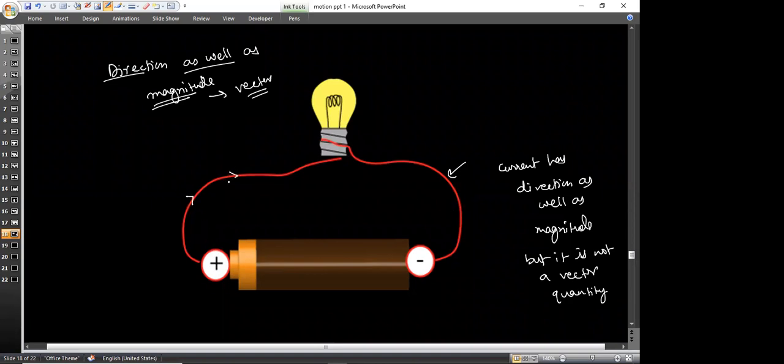If 1 ampere, 2 ampere or 3 ampere current is flowing through this bulb, ampere means the magnitude. So 1, 2 and 3 are the magnitude, and the direction of the current is from positive terminal to negative terminal. So why is it not a vector quantity, but a scalar quantity?